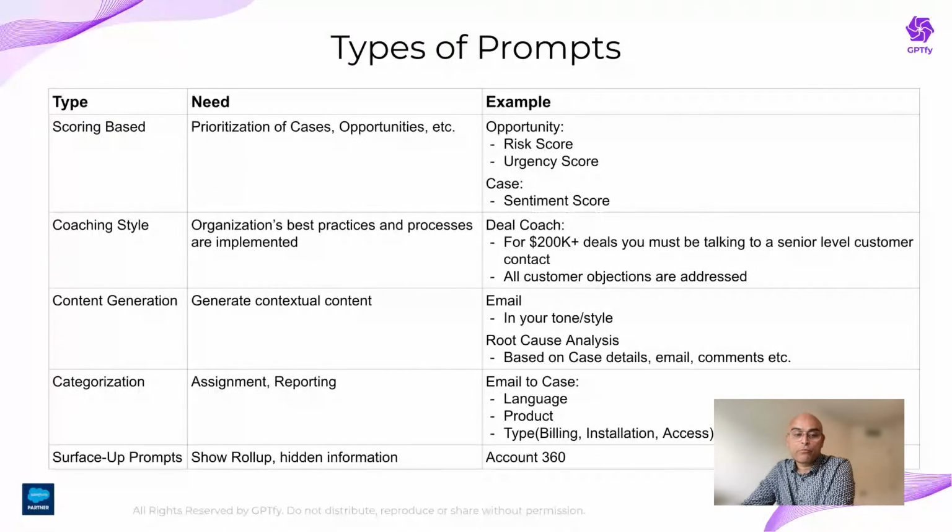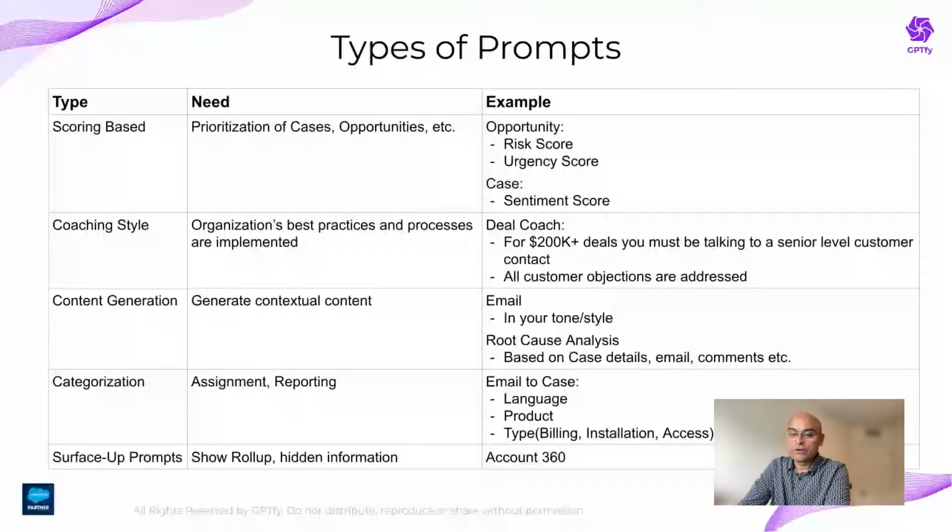Then you have surface up prompts. Those are interesting because you may have an account, and that account has multiple opportunities and multiple cases. There's an account owner who doesn't know what's going on, lots of cases, and he doesn't look at cases. But you may want to surface all of those things up. You may want AI to look up all the open cases, identify the sentiment on them, and roll it up all the way to the accounts, so that the person who owns the account really understands what kind of relationship we have.